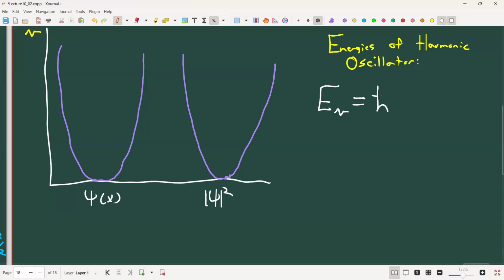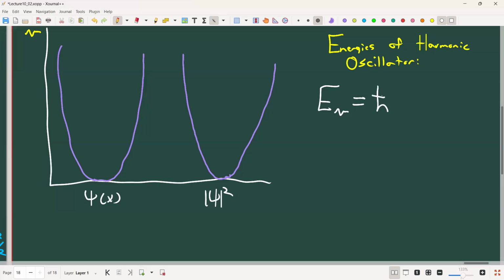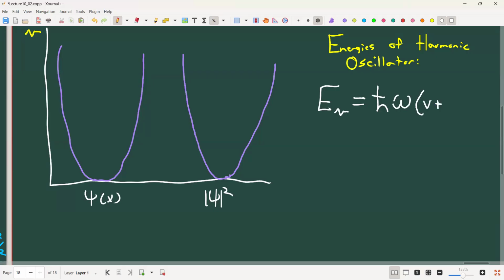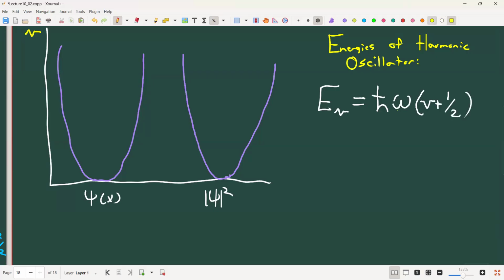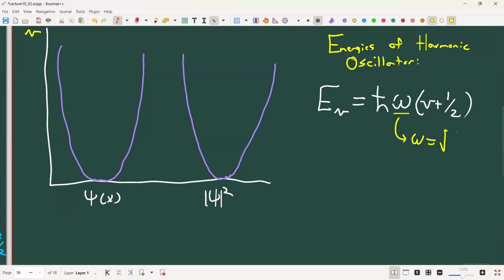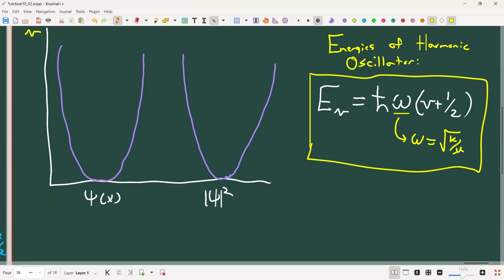And the energy is equal to h bar times omega, the frequency, times v plus 1/2, nu plus 1/2. Where omega is the same spring constant we had before, a over mu. I mean, how easy can you get?